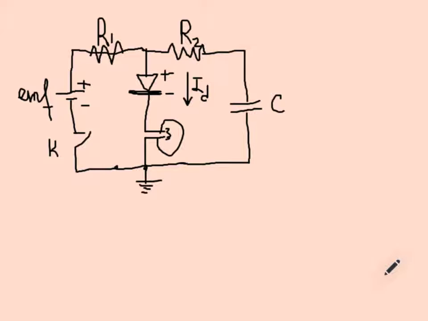So let's say, for example, that if you have to draw, let's put some labels here. Let's label the ground G. So this is ground.